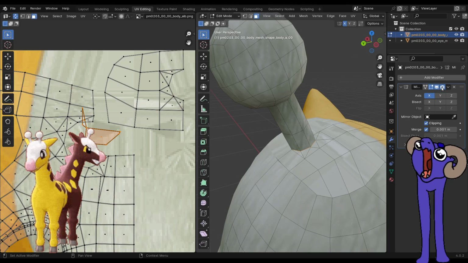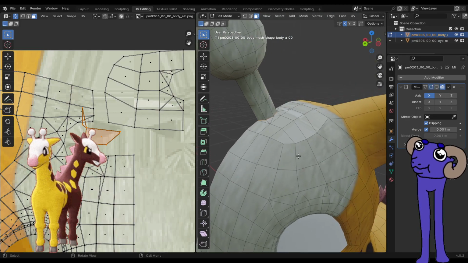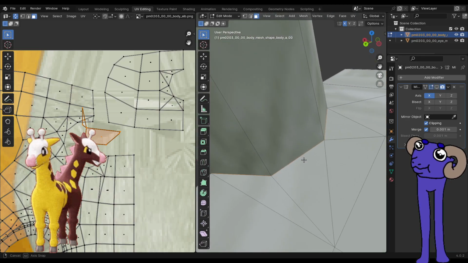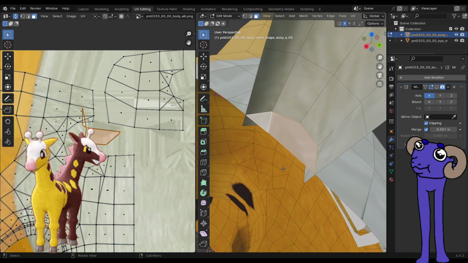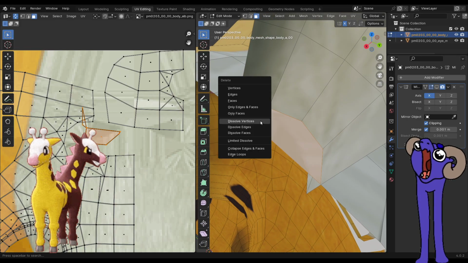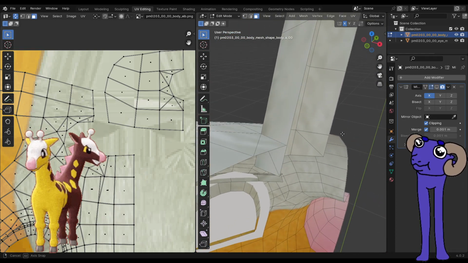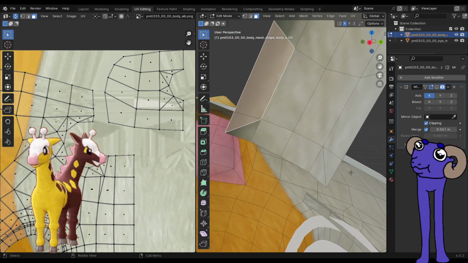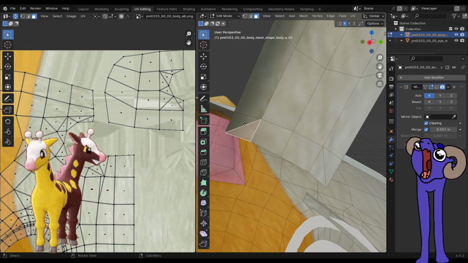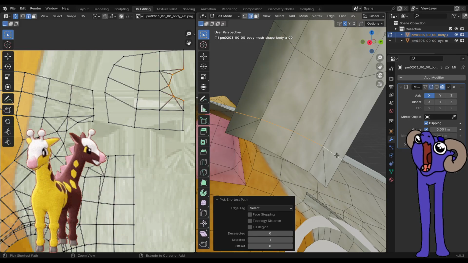What on earth is happening there? Ah! They're inside, that's why. Okay, we don't need these faces. They're useless. Oh jeez. That shouldn't be happening.